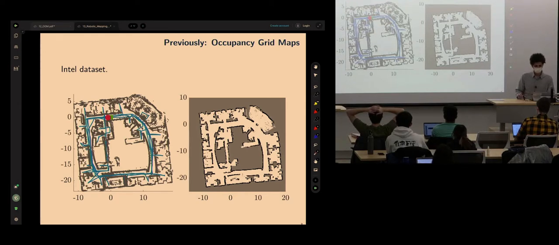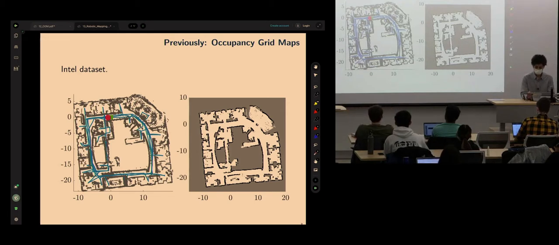We use the same algorithm that we talked about to build a map after solving the SLAM and getting the trajectory, and then we can reconstruct the floor plan of this building for one particular floor. This is just an example of applying that method to real data.